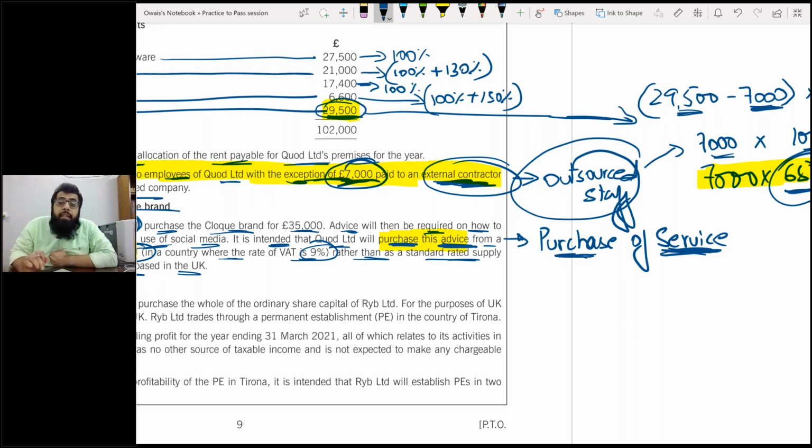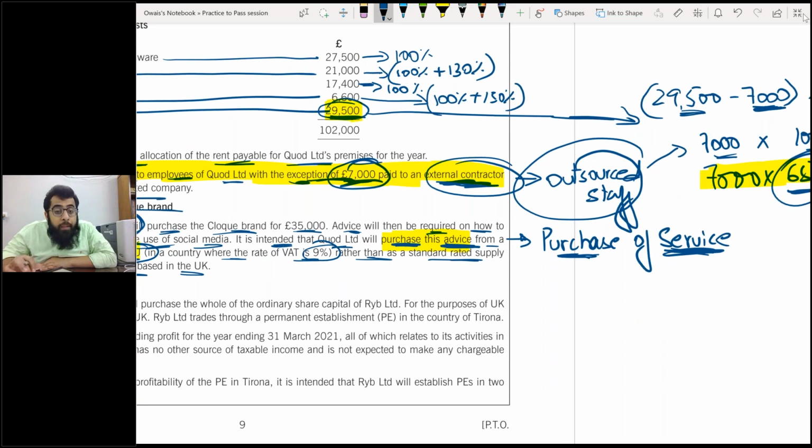Cord Limited is purchasing the service and will be regarded as a customer. So if a customer is registered for VAT, VAT is assessed in the customer country and Cord Limited's country is UK. Therefore, the VAT will be assessed in UK.